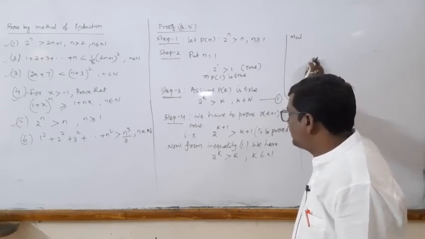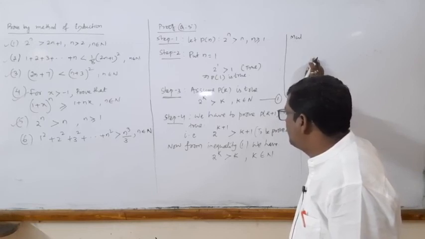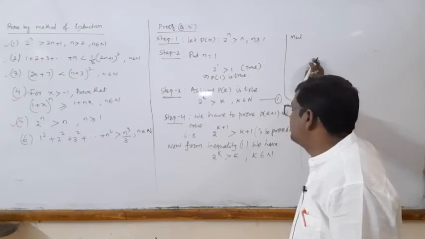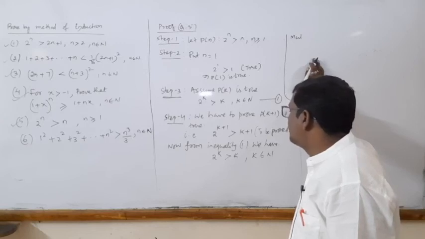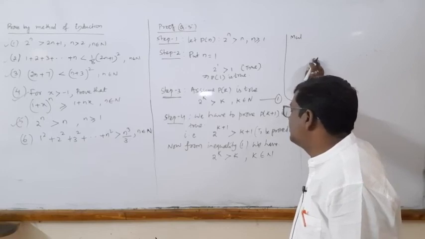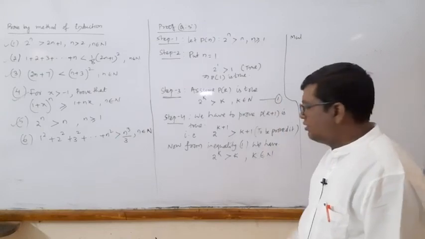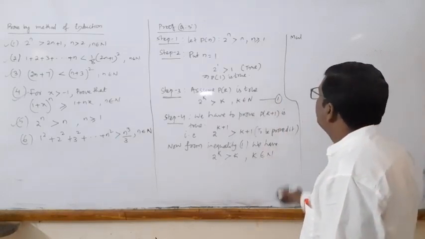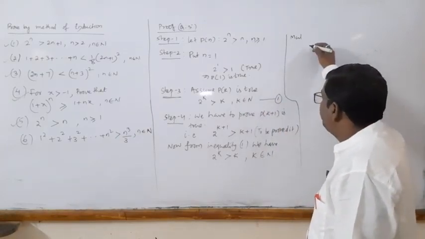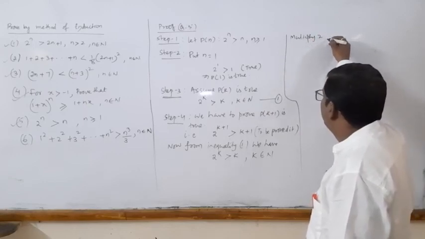This can be done in 2 methods. Multiply inequality 1 by 2.